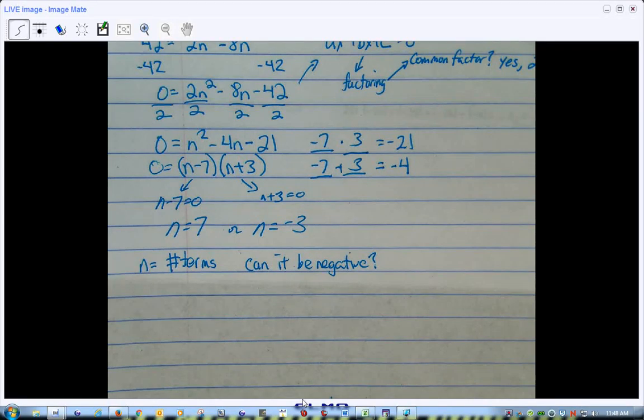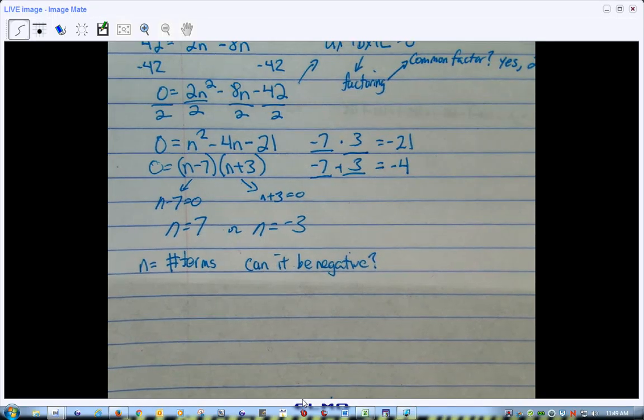You can have a negative number in your list, but can you have a negative number of items? That's what I meant. So technically you were correct. I asked the question poorly. Can your list be negative 3 long?